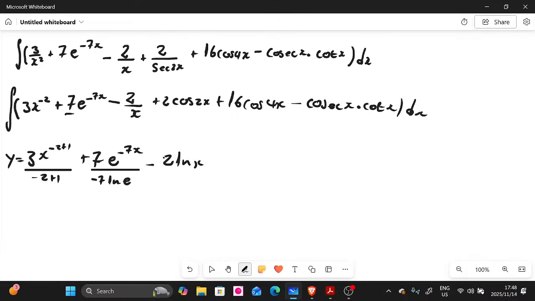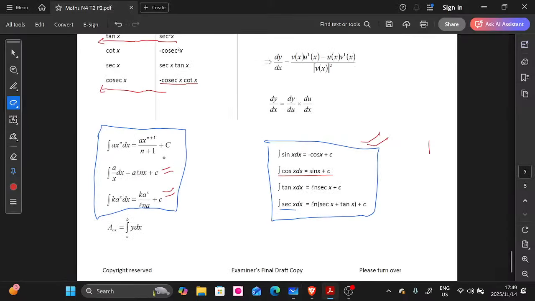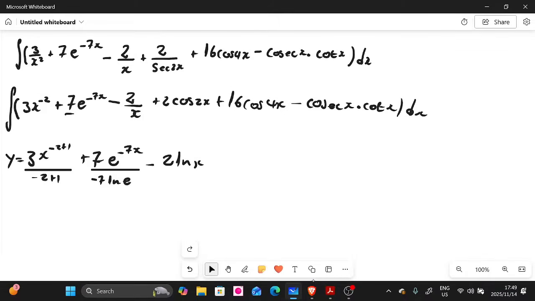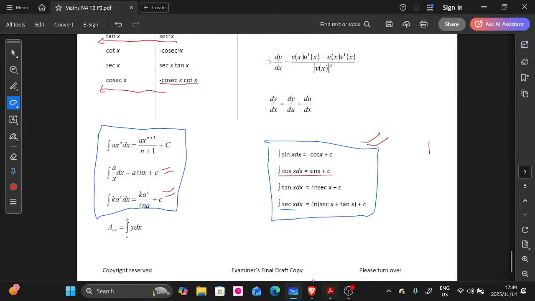There we go. And then let's look at this one, the trigonometric ratio. Simple again. Go to our formula sheet, trigonometric ratio, we have cos there. We have 2 cos 2x, right? And the integration of cos is sine. We did it before, earlier on this question paper. But what is missing now is the 2, the coefficient of the cos, and then 2, the coefficient of x.